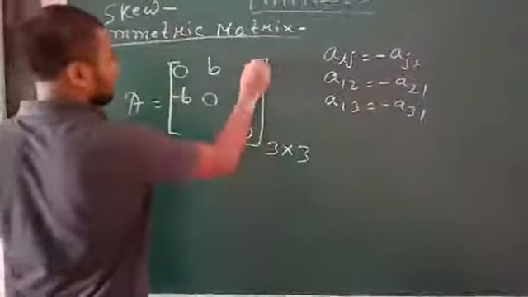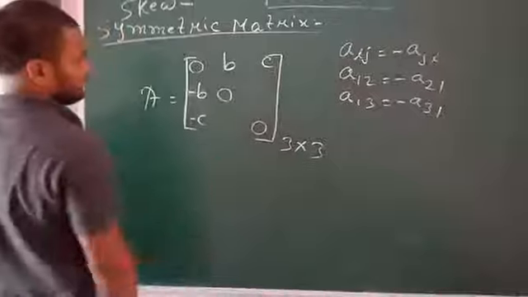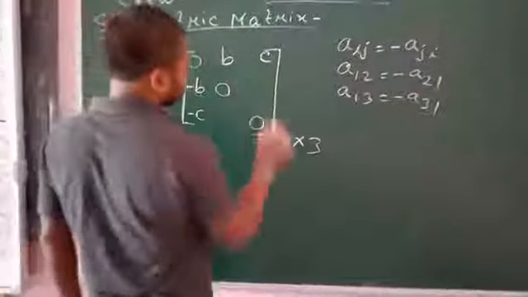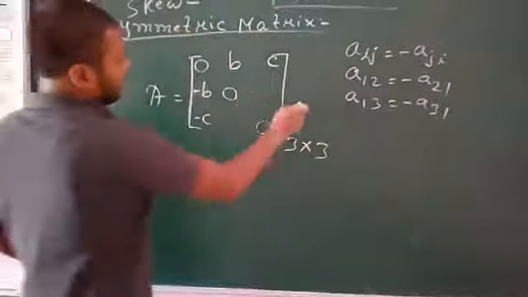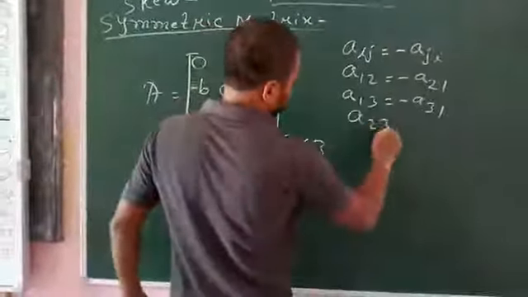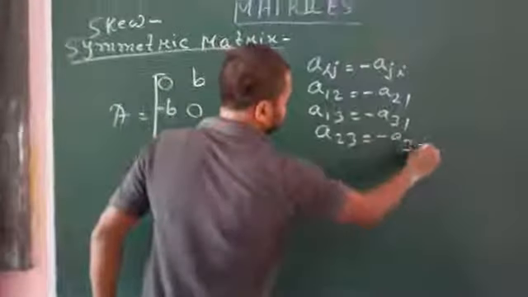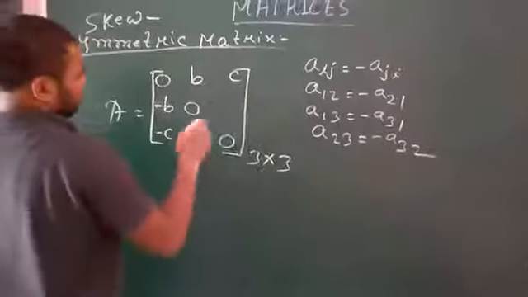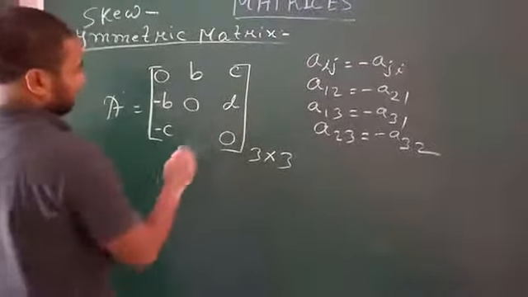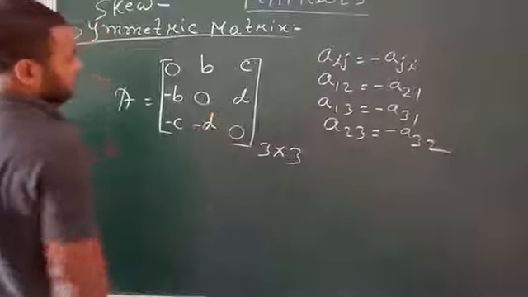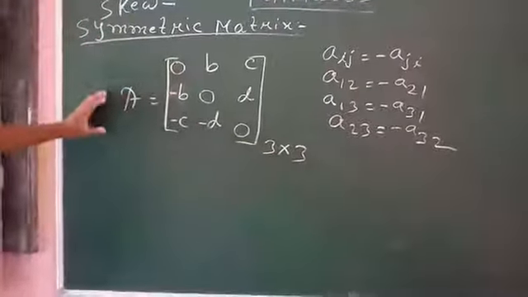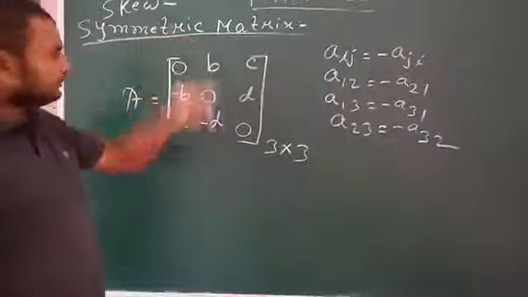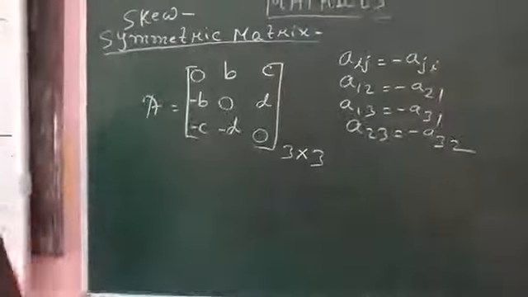So if I write here C, here I have to write minus C. Again, the second row, third column is negative of A32. So if I write here D, then here negative of D. So always remember how a skew symmetric matrix of order 3 looks.